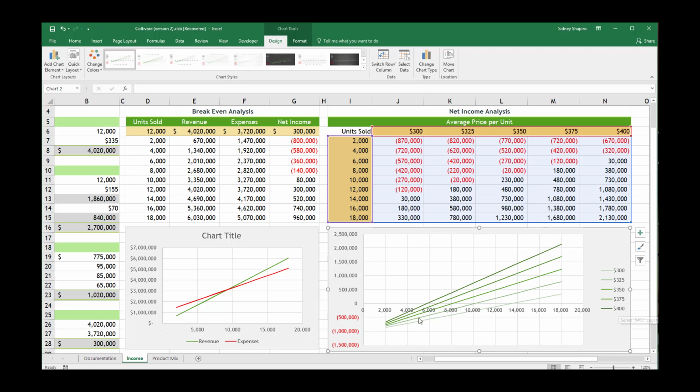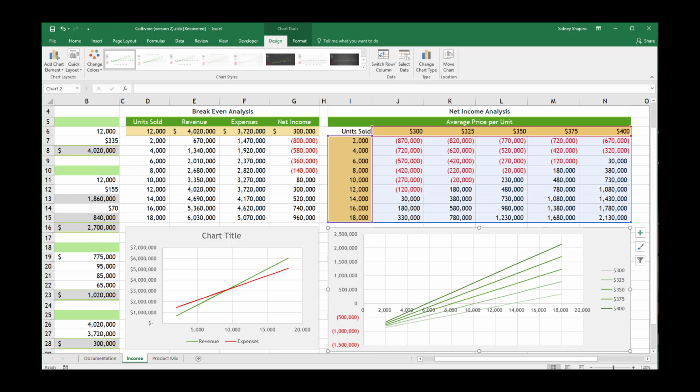So that gives us an additional piece of information inside our chart. If you look at the top line right here, we have the 400, that's this column right here. It's the darkest line, whereas the most grayed out line, the faintest line, the 300, is the one over here. So that gives us another visual difference.